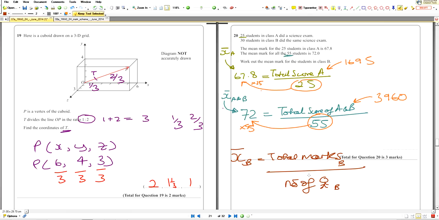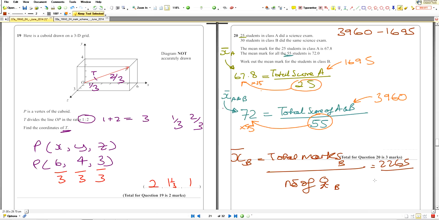Do we know it? No. We can work it out by 3960 minus 1695, because that's A and B, and that's A, so we subtract to give us B. What is 3960 minus 1695? 2265. That gives us 2265 as the marks for B, and then we divide by the number of students in B.